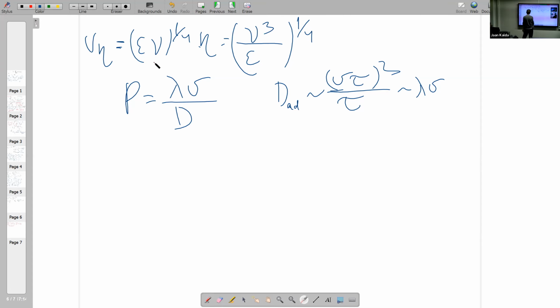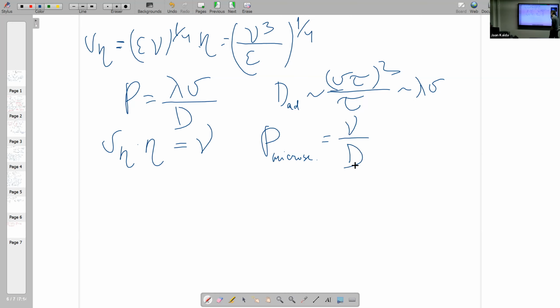So v times eta is just equal to nu. And so the Peclet number at the microscale becomes equal to nu divided by the diffusivity. And this is basically just the Schmidt number.